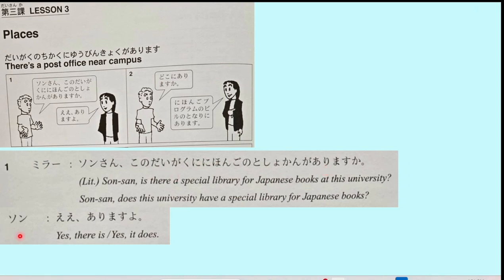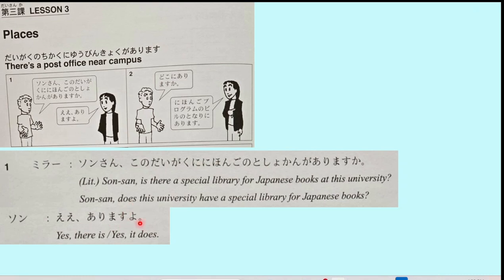Now Son-san replies, arimasu yo. Yes, there is. Yes, it does. So this person was Miller, as you can see here, Mira. And Son-san replies, yes, there is, or yes, it does.